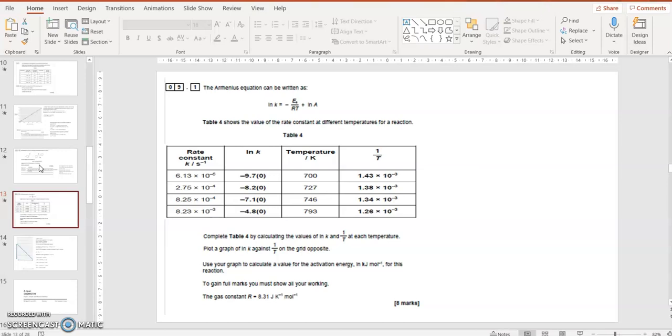So whatever is in front of the 1 over T, because that's plotted along the x-axis, minus EA over R is your m, your gradient. If you want me to go over that this week before paper 2, a week on Monday, that's the 20th, I will do.